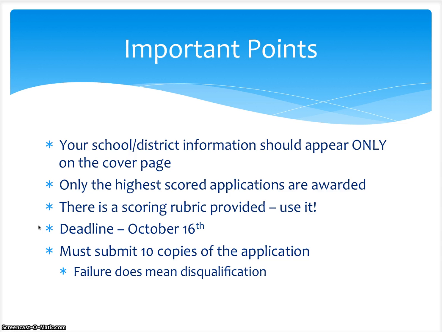All that information remains on the cover sheet, and each application is assigned a value or a number. Each evaluator then is evaluating only project 18, for example. We don't know who actually has applied. This is to remove bias. So please make sure your school and district information, and no hint to who your school or your district is, appears anywhere in the application other than on the cover page.